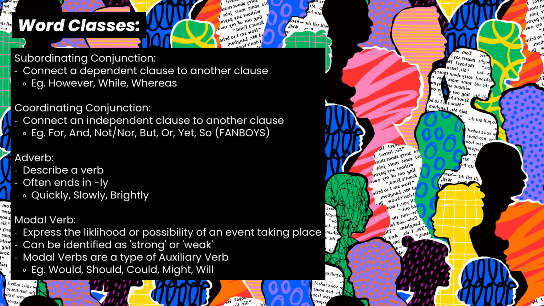Now, these are different to coordinating conjunctions, which is our next word class, because coordinating conjunctions connect an independent clause to another clause. And we remember our list of coordinating conjunctions with the mnemonic FANBOYS. Because unlike subordinating conjunctions, where there are lots and lots of different subordinating conjunctions in this English language of ours, there are only 8 coordinating conjunctions in English, and they include for, and, nor, but, or, yet, and so.